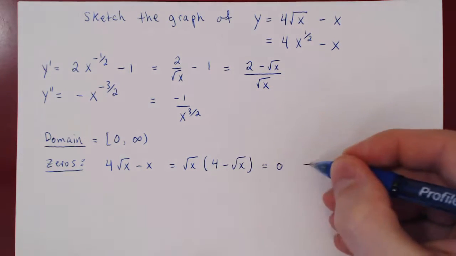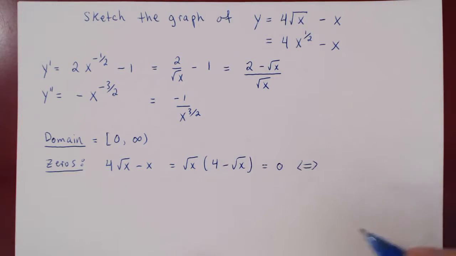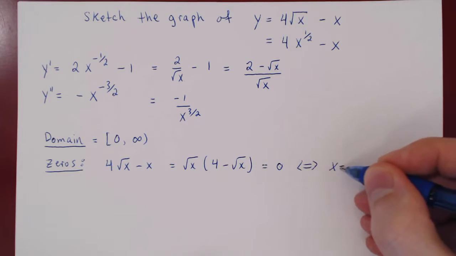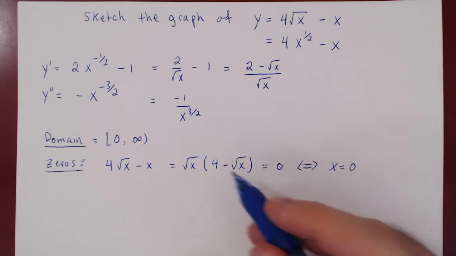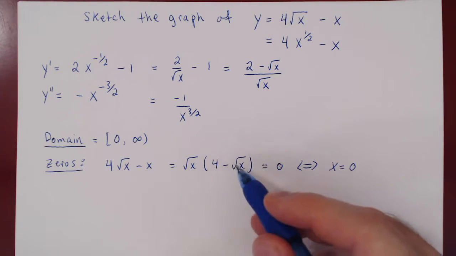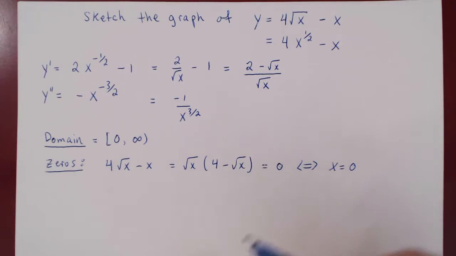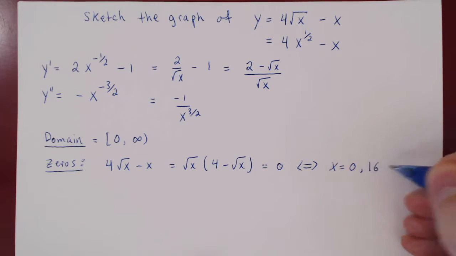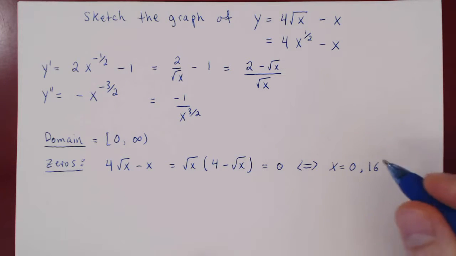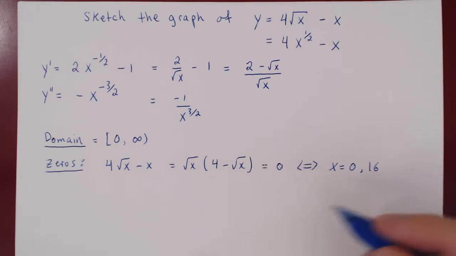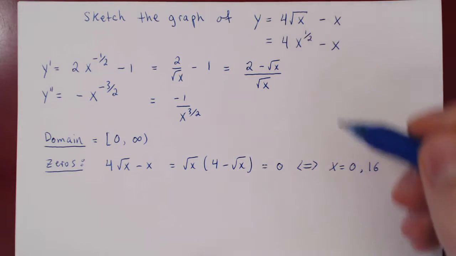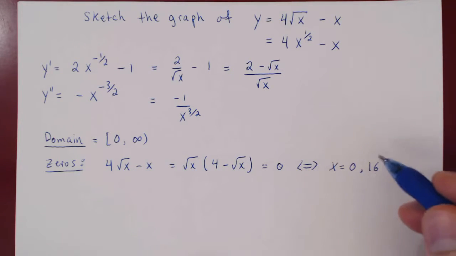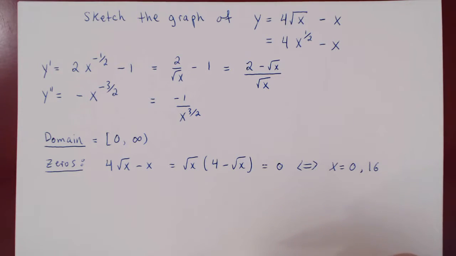And this is equal to 0 if and only if either this term is 0, in which case x is 0, or this term is 0, therefore root of x equals 4. Therefore, if x is 16, root of 16 is 4, 4 minus 4 is 0. So this function has two zeros: when x equals 0, and when x equals 16.